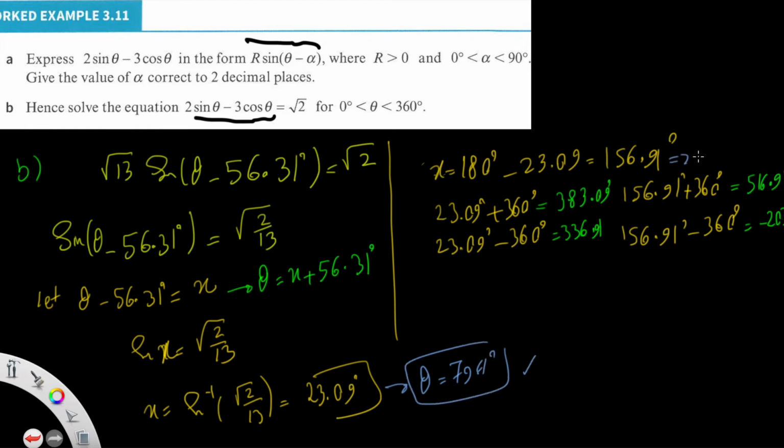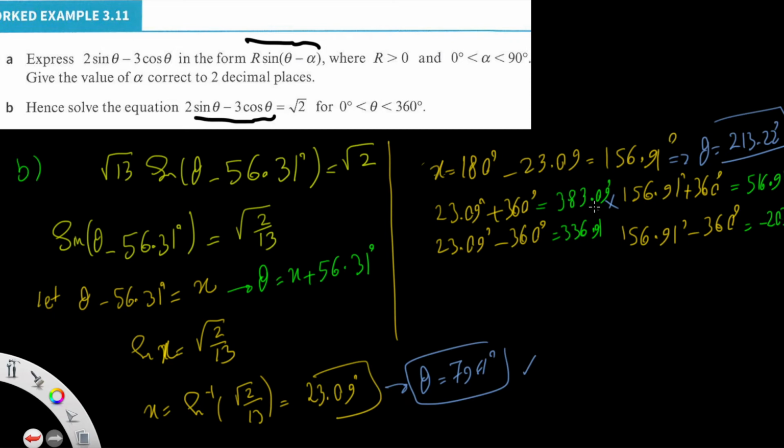Here theta will be 156.91 plus 56.31, which is 213.22, which is acceptable. Here it will be above 360, so it doesn't lie in this interval.